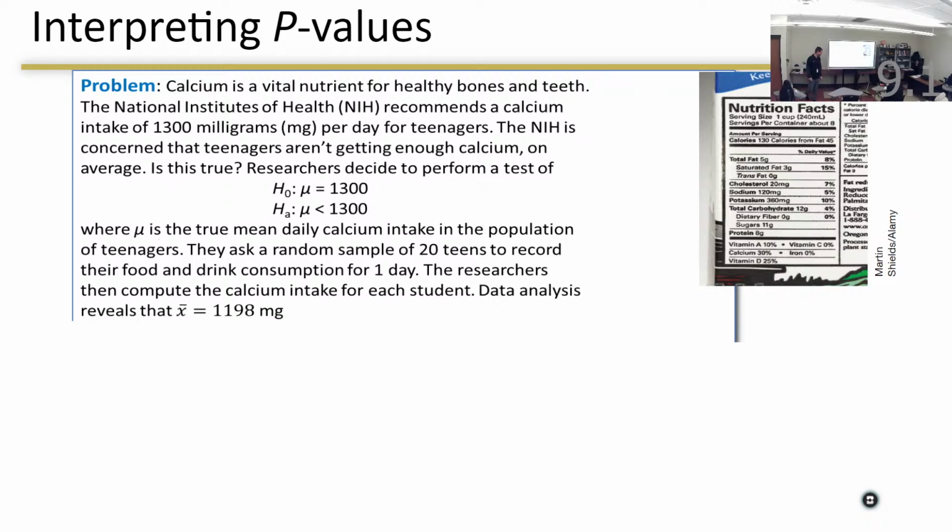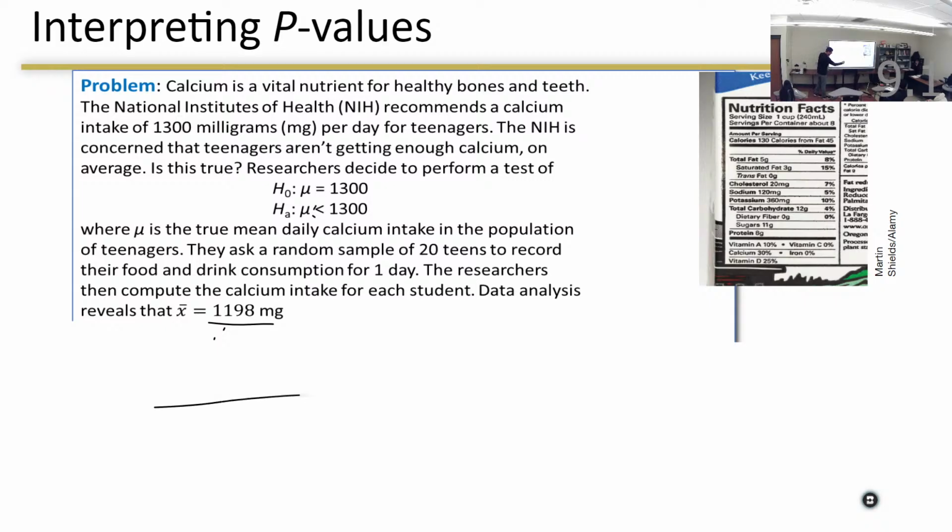Next thing it says, data analysis reveals that x bar is 1198. Uh-oh, it's not looking good. It's looking like the teenagers are not getting enough calcium, because I only got 1198 and I'm supposed to get 1,300. Now I have to figure out the chances of getting this, assuming that's true.